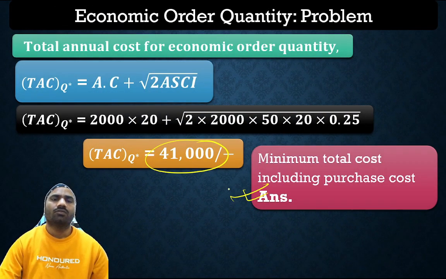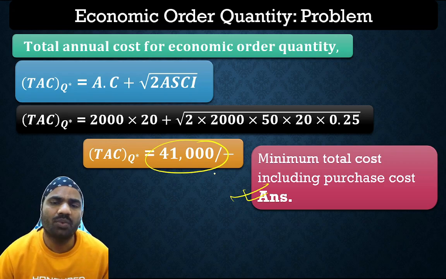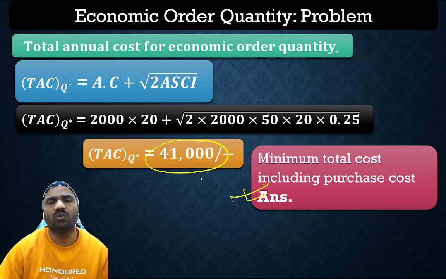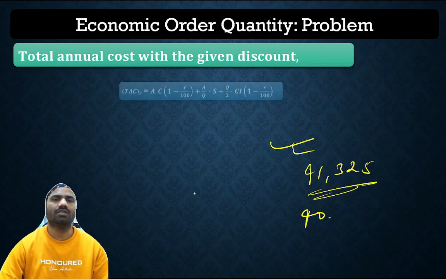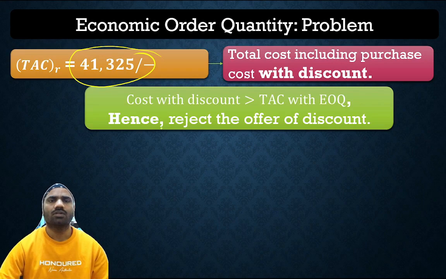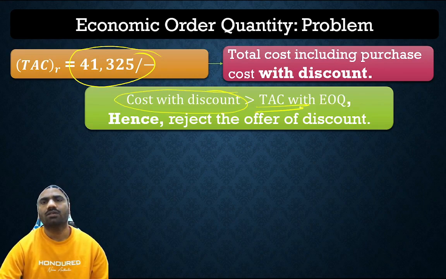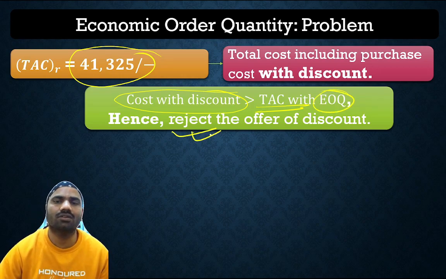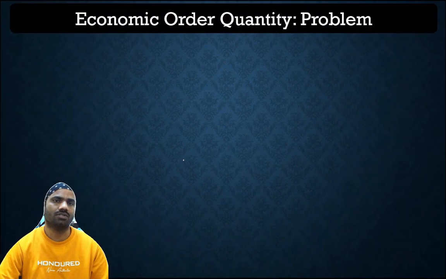So we can compare that the total cost after the discount is higher than the minimum cost. So we'll reject the discount. The total cost with the discount price is more than the total annual cost at economic order quantity, so we'll reject the offer and will not accept the discount.